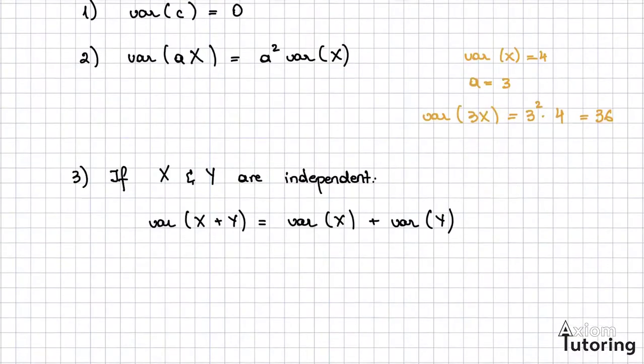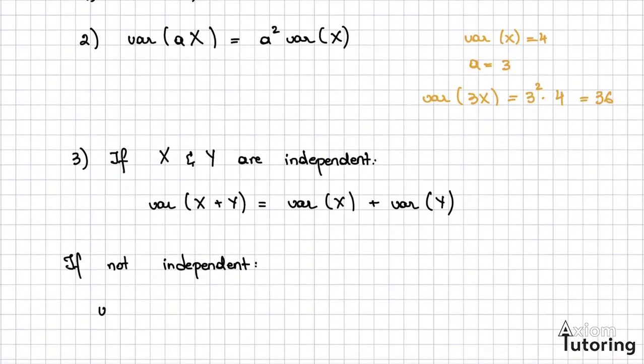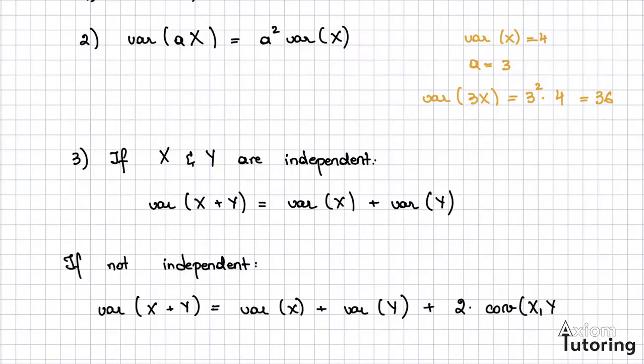However, and this is probably what you should be remembering more as the generic formula for this part of the property, if not independent, then the variance of the sum, x plus y, is actually equal to the variance of x plus the variance of y plus 2 times the covariance of x and y, okay?